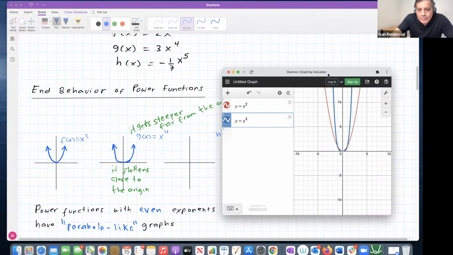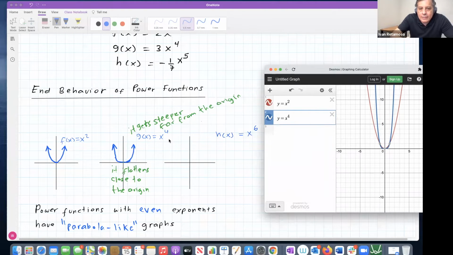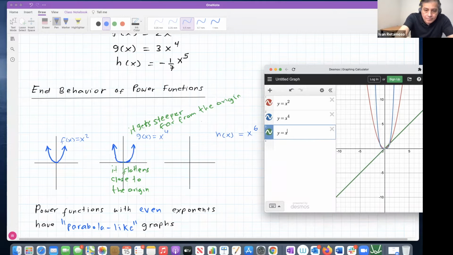Now, if you continue increasing the value of the exponent from 4 to 6, notice that it's going to get flatter close to the origin and steeper when you are away from the origin. You can see, right? This green graph, flatter here, is steeper. That's how it works.